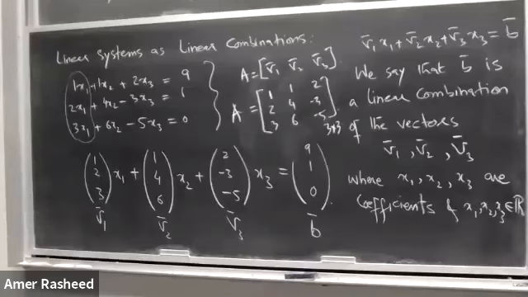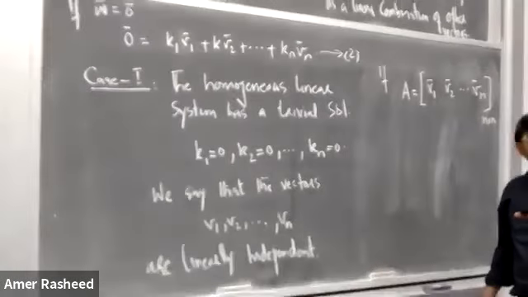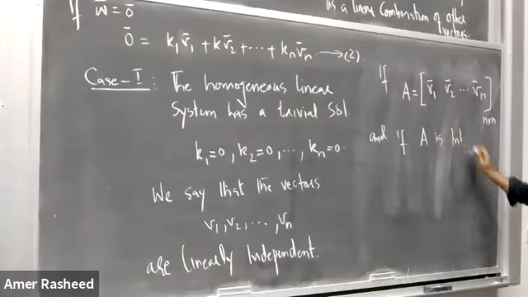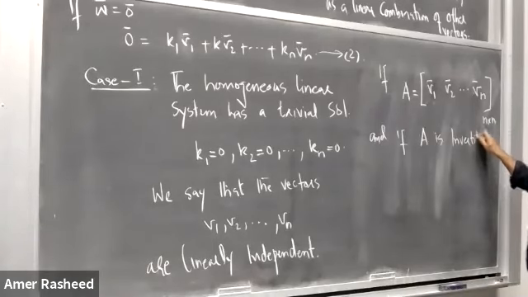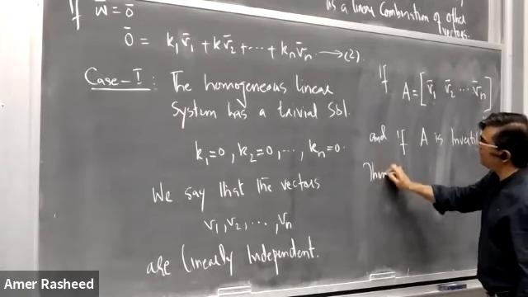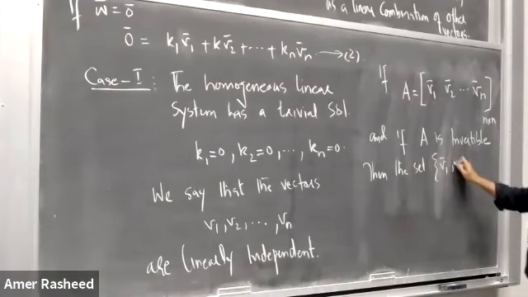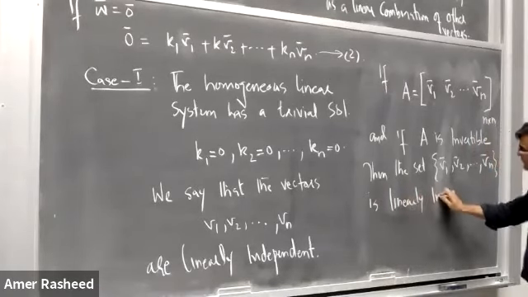Okay, now let's come back to this matrix. If you put these vectors in a matrix as columns, and if A is invertible, then the set of vectors v1, v2, so on, vn is again linearly independent.